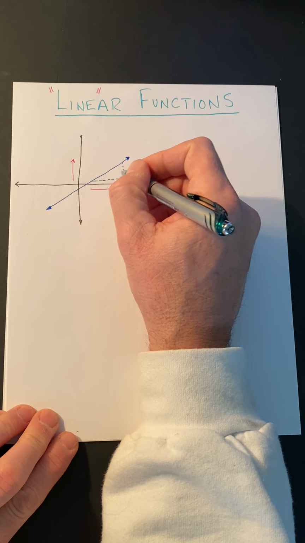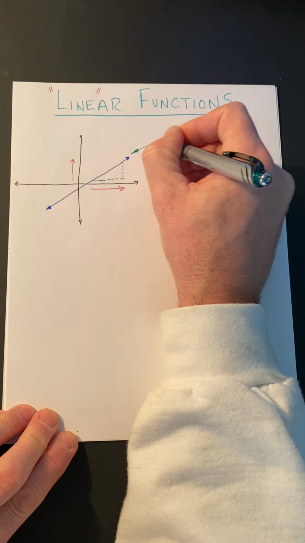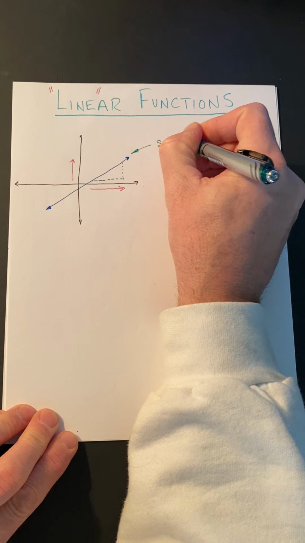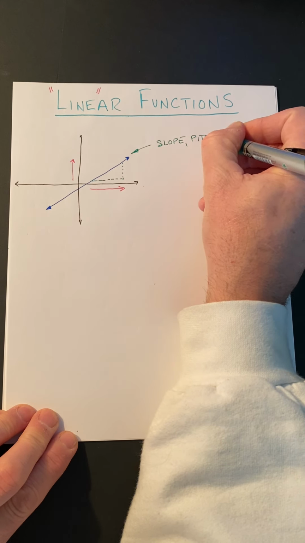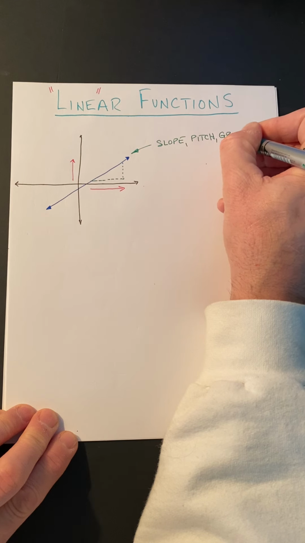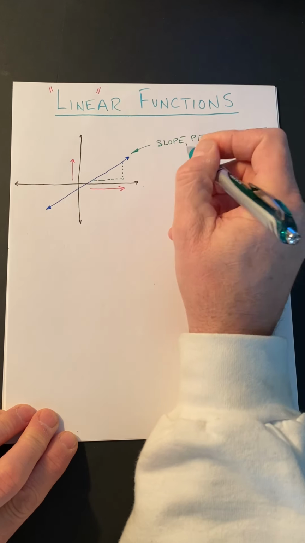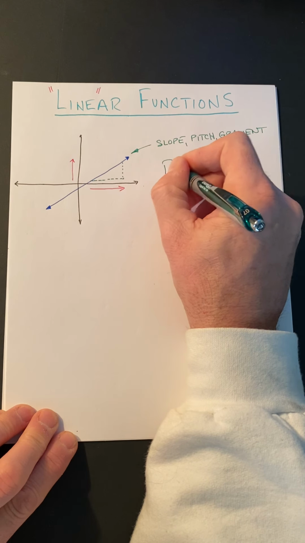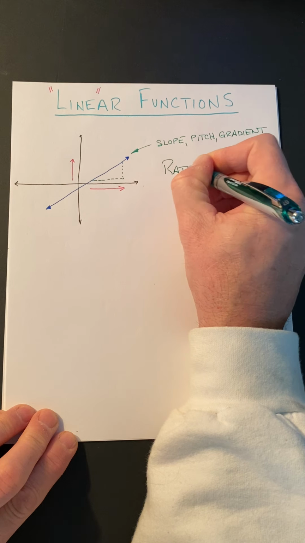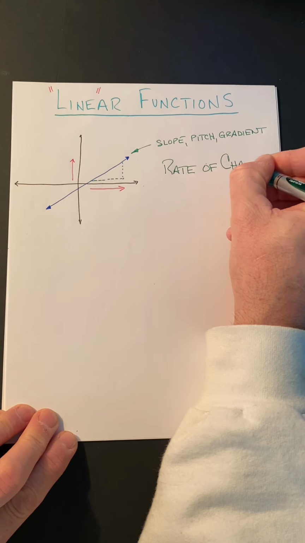And what this change can be referred to is slope. It can be referred to as pitch, and it can be referred to as a gradient, all right? But the important thing to think about this slope here is this term here, rate of change, okay?